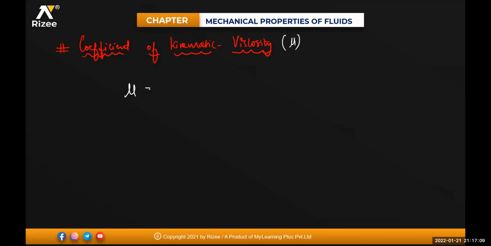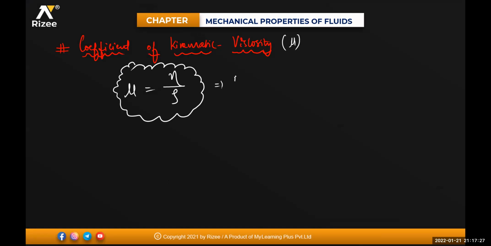Mu is equal to the ratio of the coefficient of viscosity divided by the density. Mu is equal to eta divided by rho.